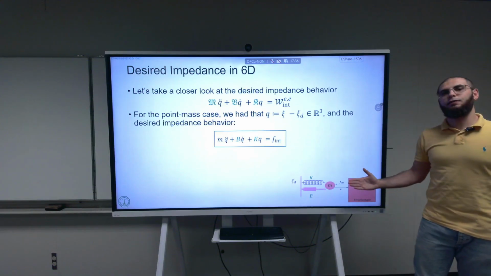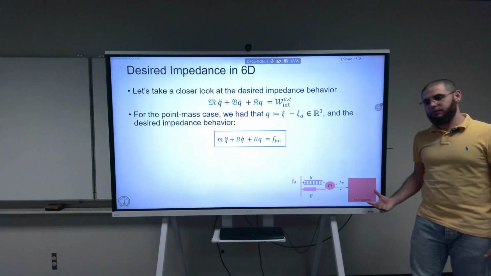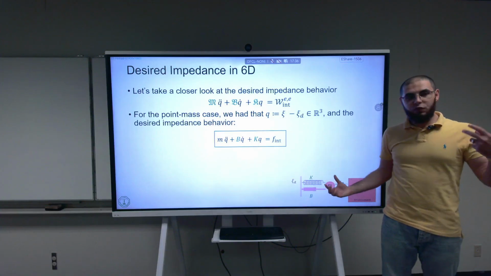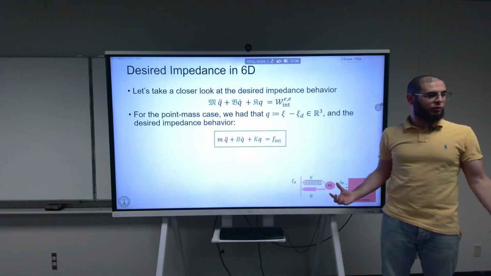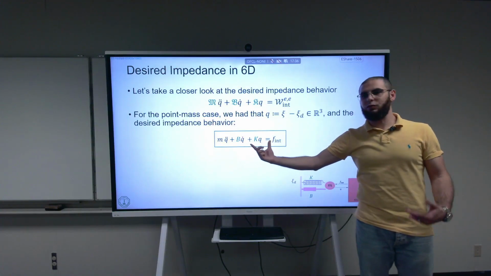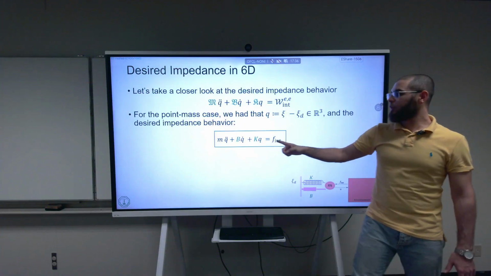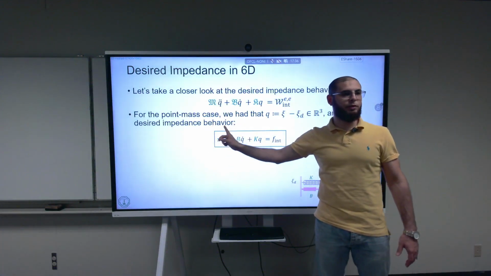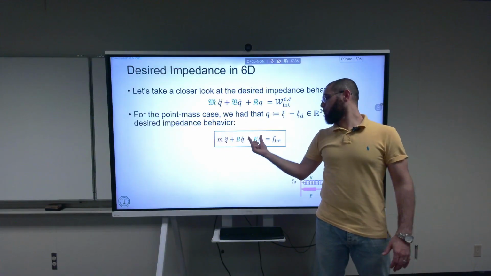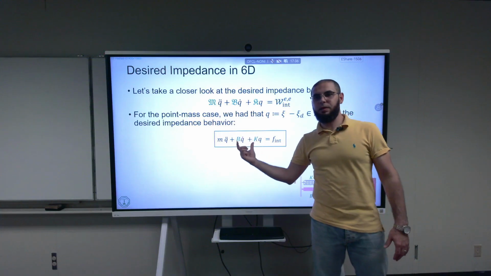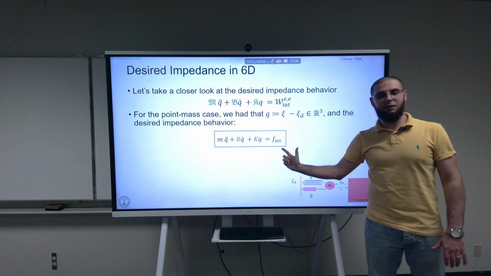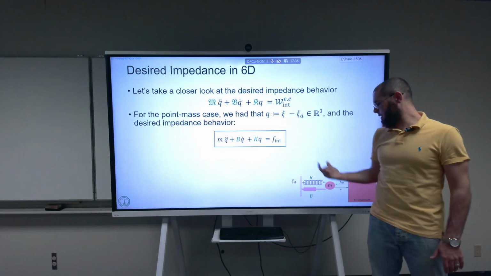F interaction is the interaction force between the point mass and the environment, while M here is the physical mass of the robot, which is here just a point. So in this case, what we're trying to do is not change the inertia of the point mass. It keeps the same inertia, and we're only modifying the spring and damper behavior between Q and F int, where Q here is simply psi minus psi desired.